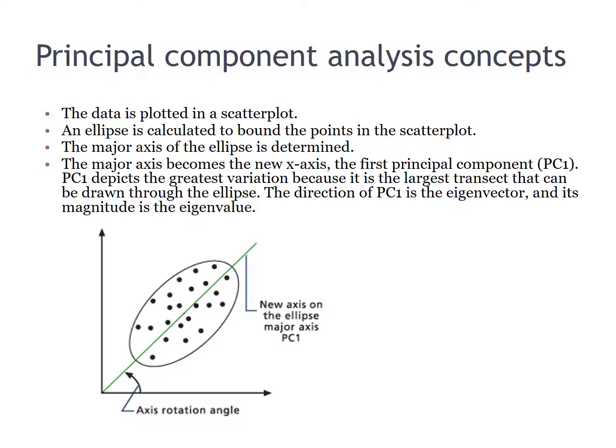This is the cluster of the data, and we figure out the axis that goes through it. That axis, whatever the variable or model that explains that, is our principal component number 1. It's a new variable in multivariate space, made up of all the other variables that we had.